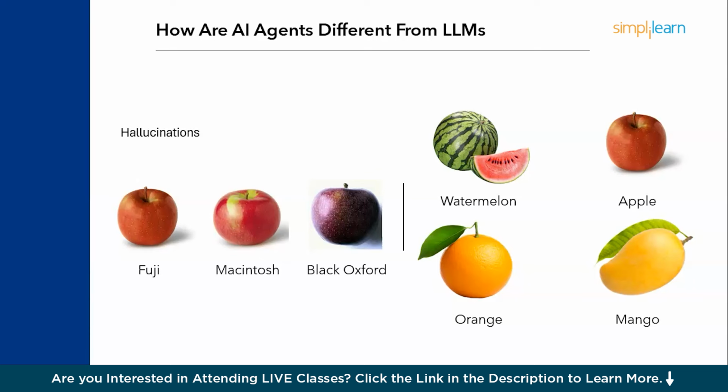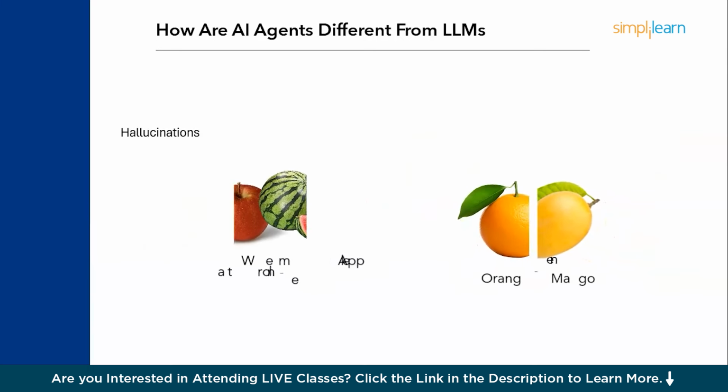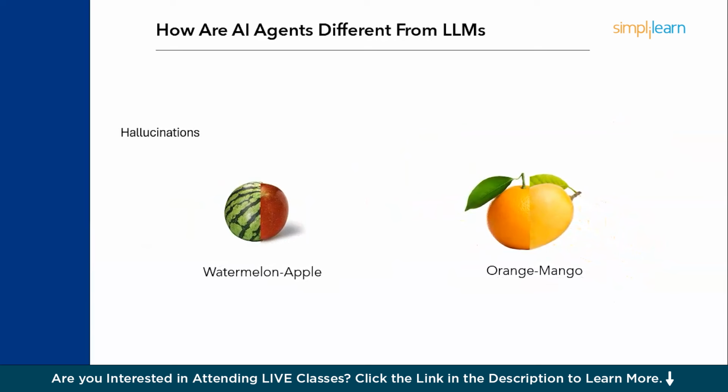If I write, tell me about watermelon apple or orange mango, which are unrealistic or in a way different fruits, chances are an LLM can give you some false or unrealistic information that may sound believable. This is termed as hallucination. And of course, recent LLMs have a scale to measure their hallucinations as well.